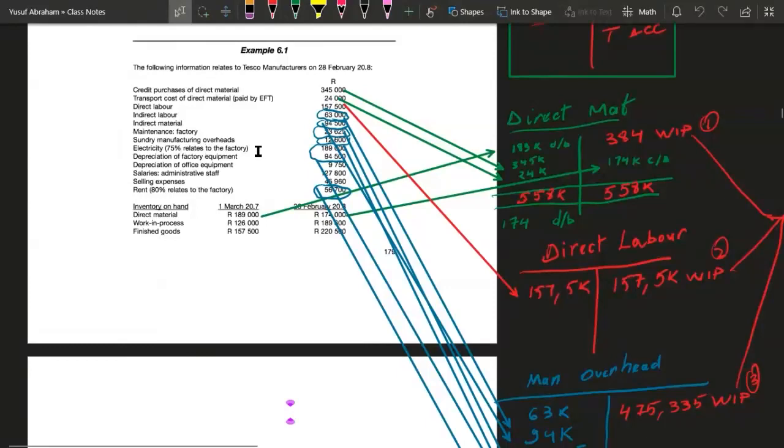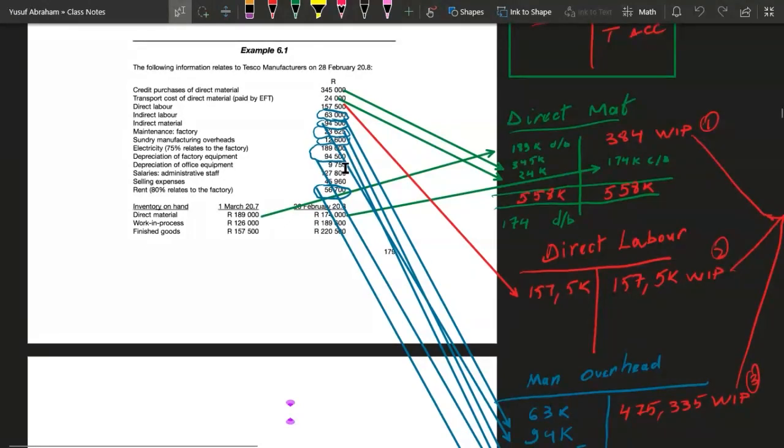Electricity, 75% is related to the factory. So you will only take 75% of this amount, 109,000. You will take 75% of that and you will send it to the manufacturing overhead. I trust that that's clear. Depreciation of factory equipment will go where? Manufacturing overhead. Depreciation of office equipment.